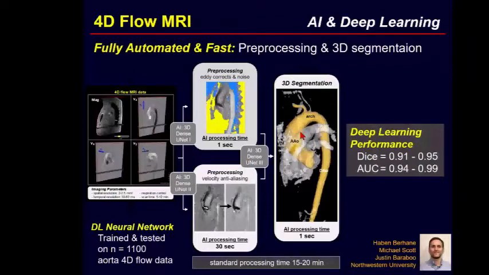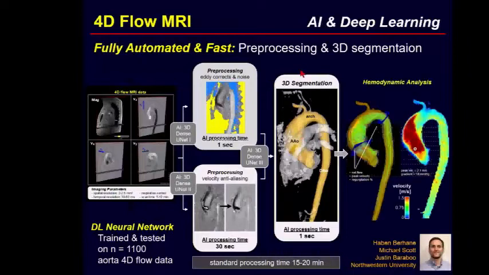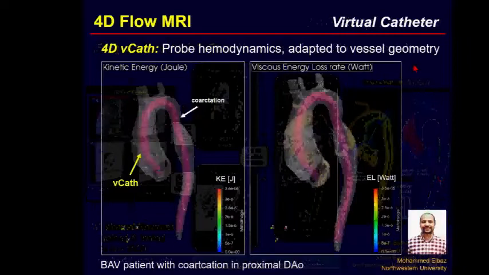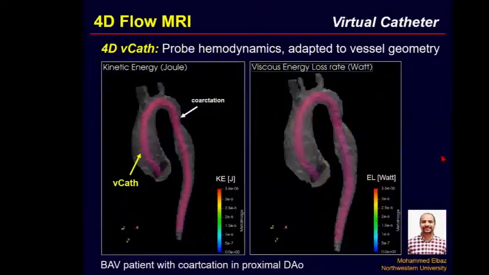And once you have these automated pipelines established, one of the nice features is that you can easily take standard algorithms and combine this with automated or at least semi-automated hemodynamic analysis, or use other approaches to do this. This is one nice example from Mohammed Elbaz in our lab, who developed something he calls a virtual catheter.